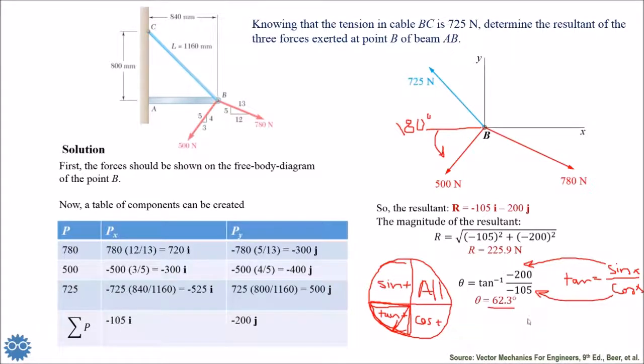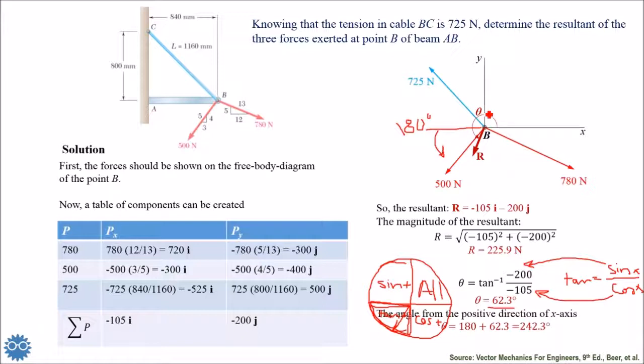So the angle from the positive direction of the x-axis, theta, is 180 plus 62.3, which equals 242.3 degrees, as you see here in the diagram.